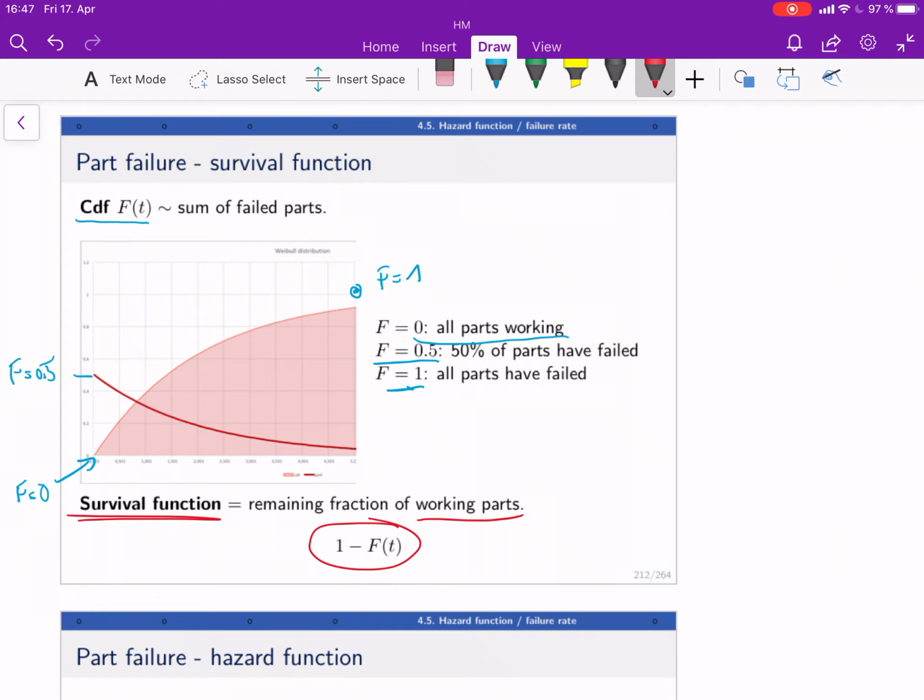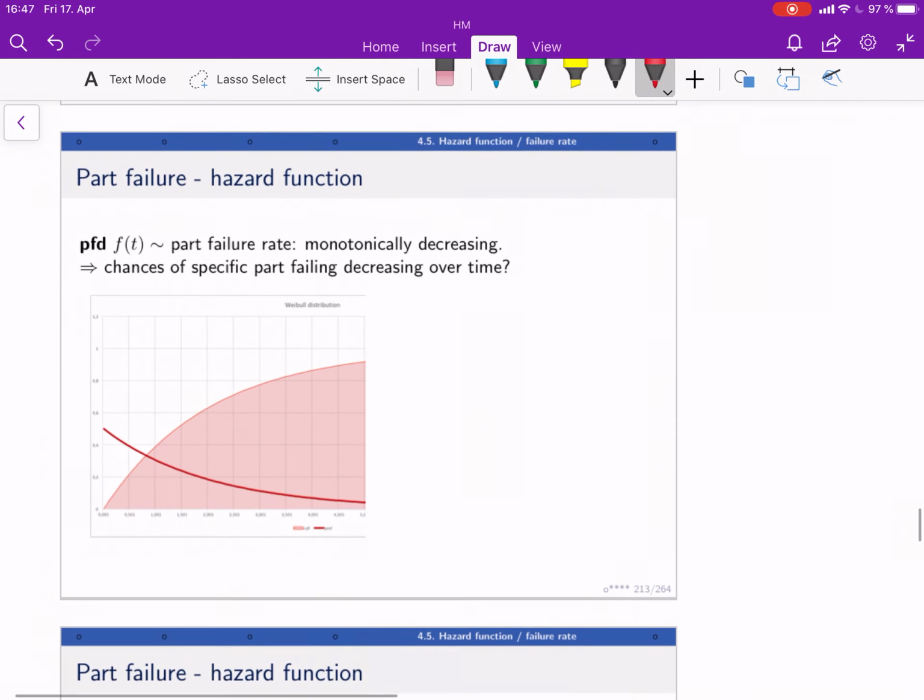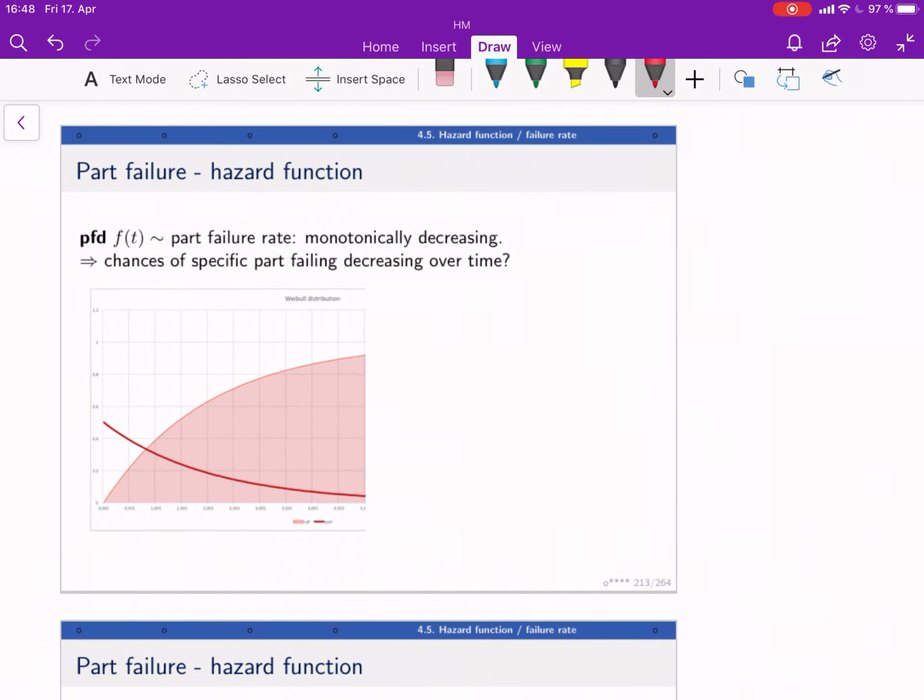Okay, so let's look at this second, more detailed example now. You see the PDF here, that's my thick curve, the probability density, and it's monotonically decreasing, just as some of them do. Some have a peak earlier, but this one is just monotonically decreasing over the whole time. The initial question was, does the chance of one specific part failing decrease over time or not?